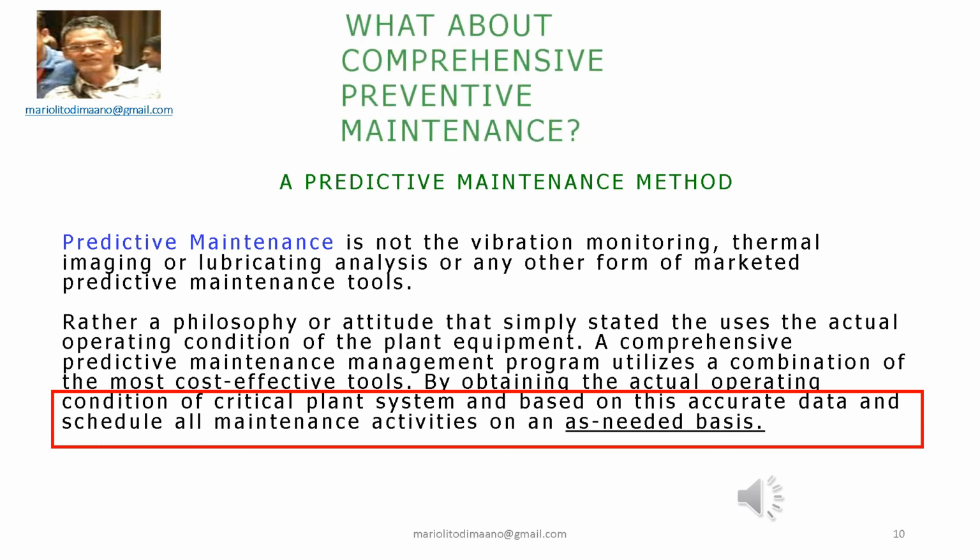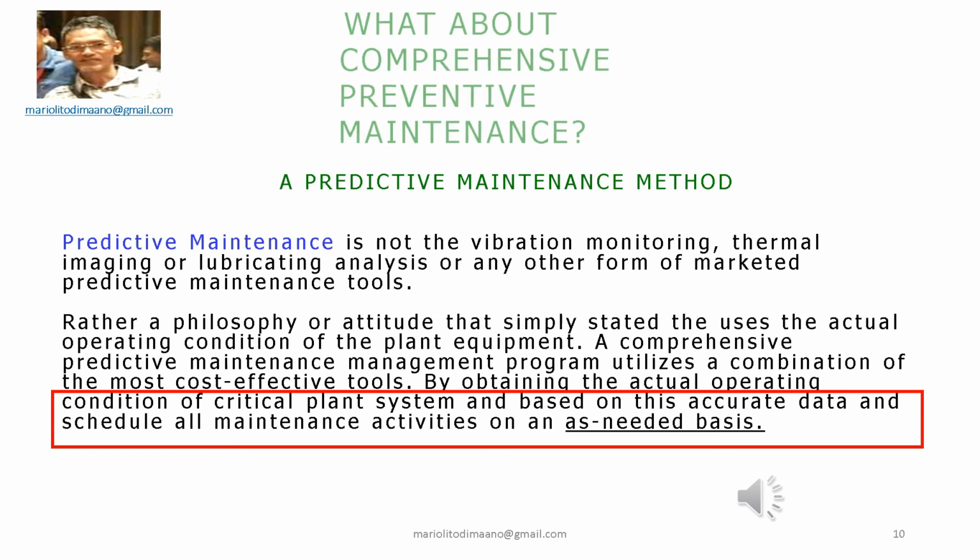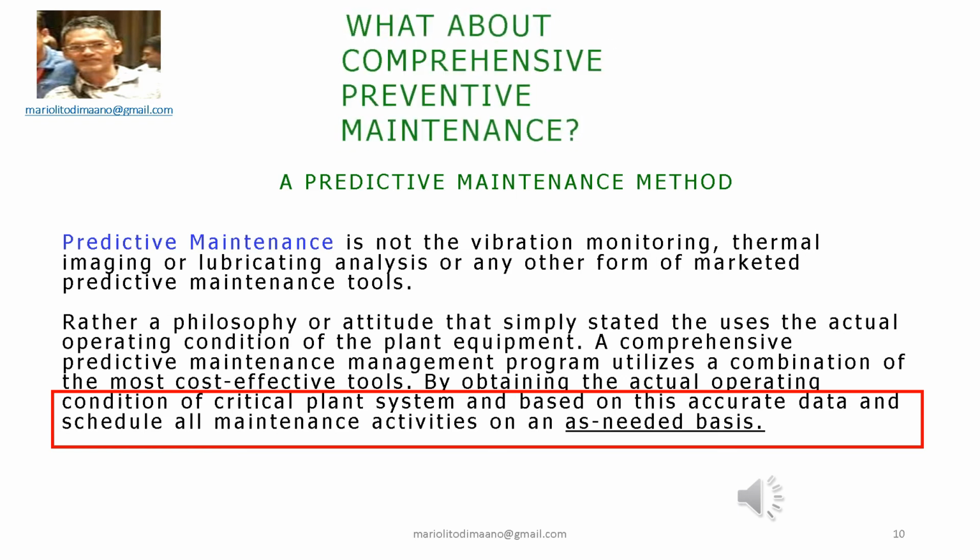A comprehensive predictive maintenance management program utilizes a combination of the most cost-effective tools, obtaining the actual operating condition of critical plant systems, and based on this accurate data, schedules all maintenance activities on an as-needed basis.